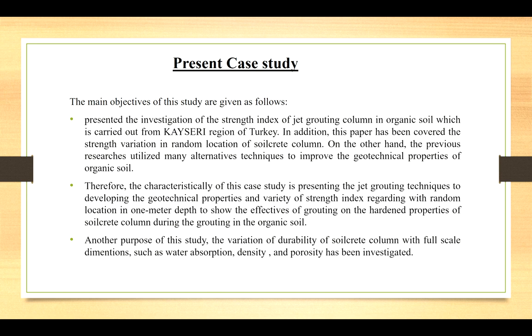Therefore, the characteristic of this case study is presenting the jet grouting technique to develop the geotechnical properties and the variety of strength index at random locations at 1 meter depth, to show the effectiveness of grouting on the hardness properties of the soil-crete column during grouting in the organic soil.